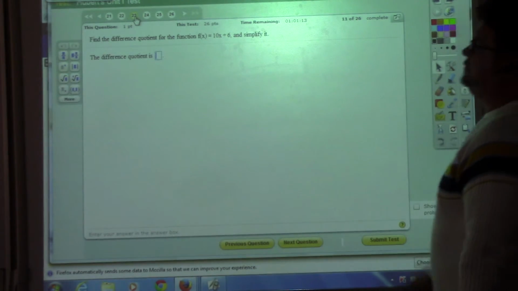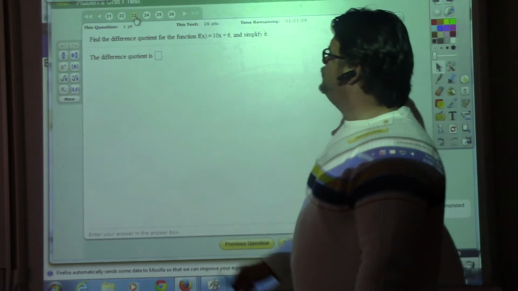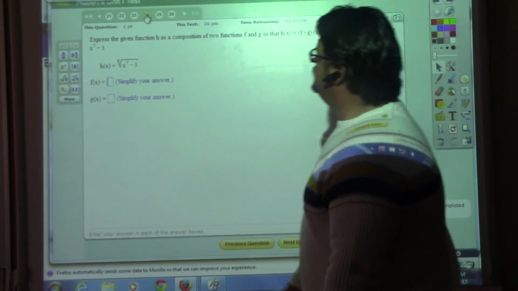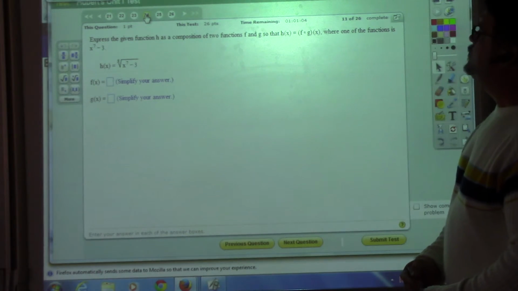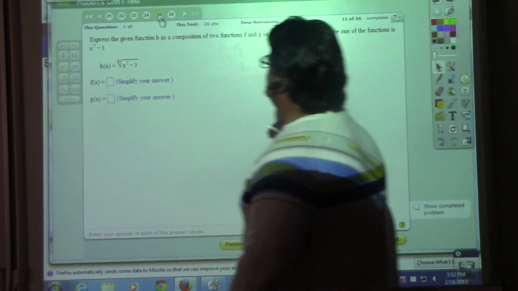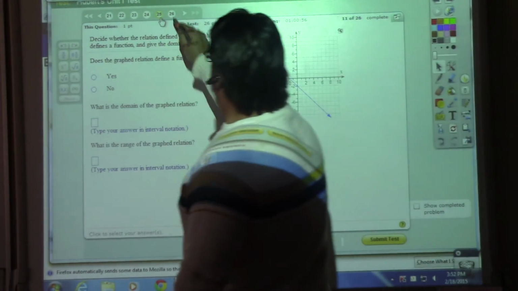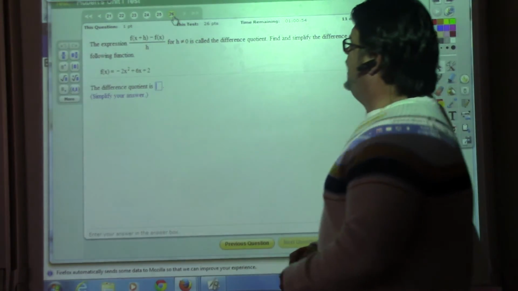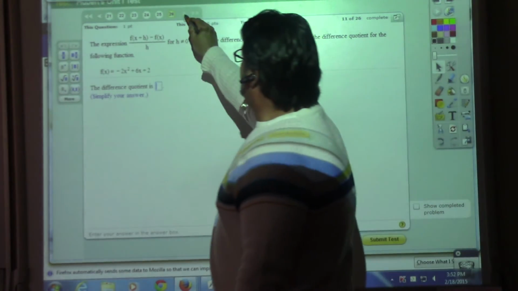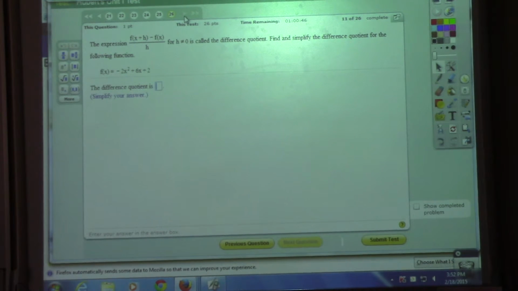Difference quotient, the one we just did. I'm not going to do that one. I'll take that one off. Domain and range, that's simple. And difference quotient. How many difference quotients you got? A couple or 3. So make sure you know how to do the difference quotient. I'm not going to assign it yet.